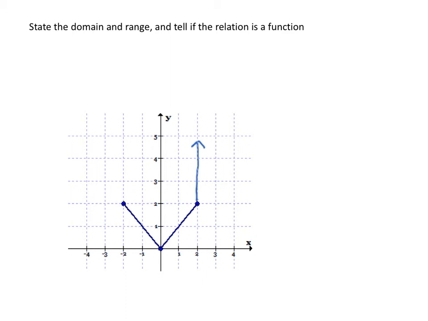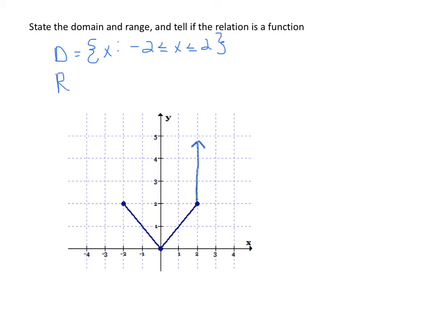So the domain in this case is from -2 to +2. If you notice, these circles are closed circles, so we include those points.